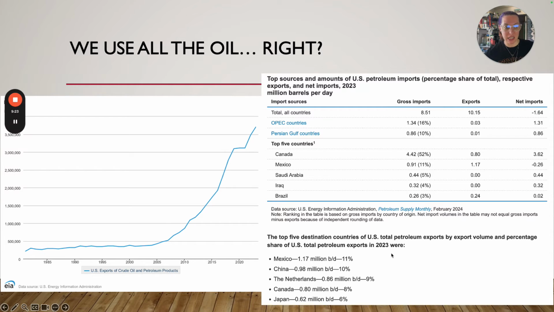And the countries that are getting the most of our oil: Mexico, number 1, China, number 2, Netherlands, 3, Canada, number 4, and Japan last in terms of this. I'm sure it's going elsewhere as well. I encourage you to actually check out these resources, kind of interesting, to see where our oil is going. So it's kind of a wild thing here.